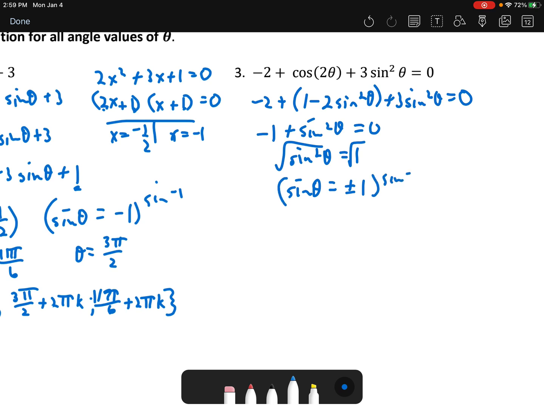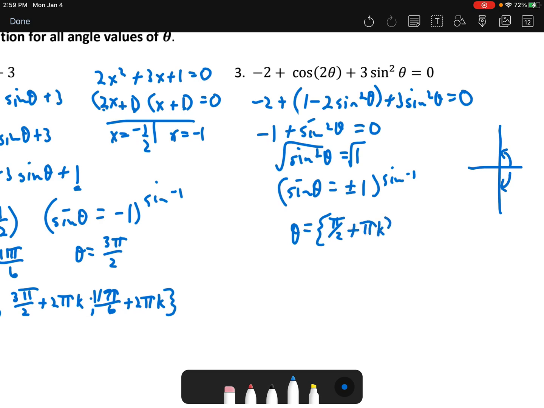So when I take the inverse sine, I want to know when sine is 1 or negative 1. Well, that only happens at pi over 2 and 3 pi over 2. Now, I want you to think about something, though, before we add 2 pi k. Your answers are here and here. How far are those apart? 1 pi, right?